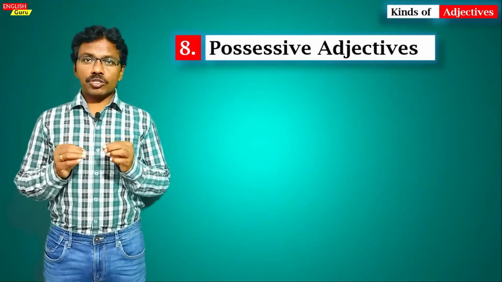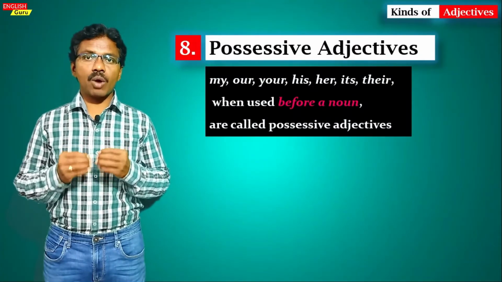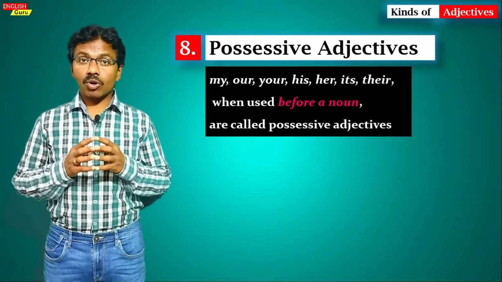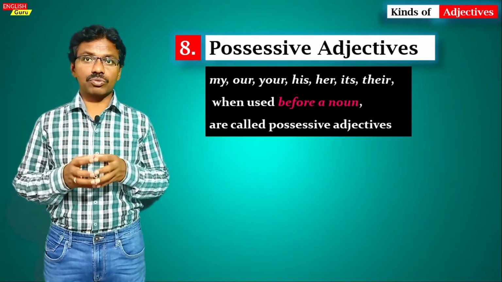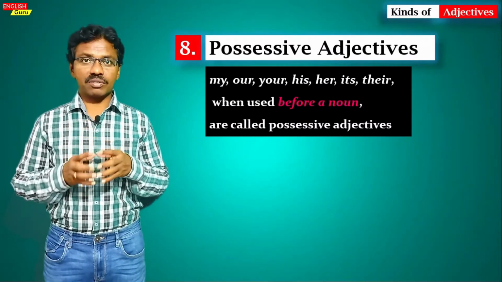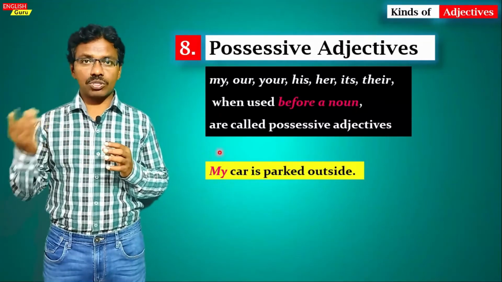The eighth one is possessive adjectives, like my, our, your, his, her, its, their. They are called possessive adjectives when they are used before a noun. For example, "My car is parked outside."